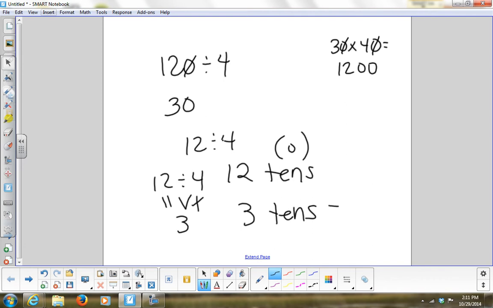And 3 tens is the same as 30. Here, let's try that again. Tens actually means 0. Okay, so if I have 2 tens, it's 2, 0. 3 tens is 3, 0. 30.